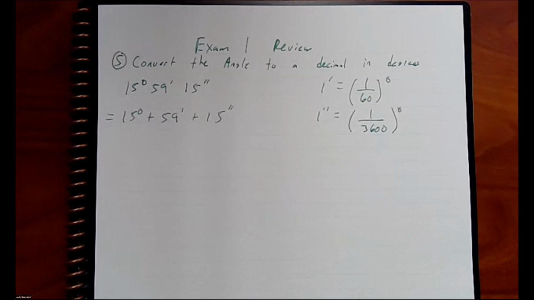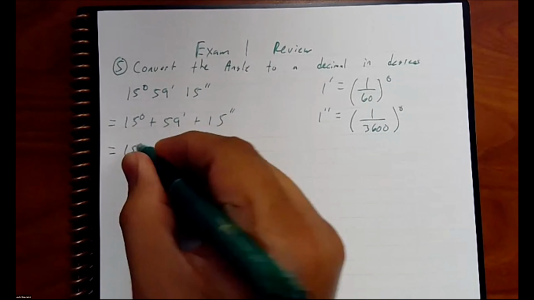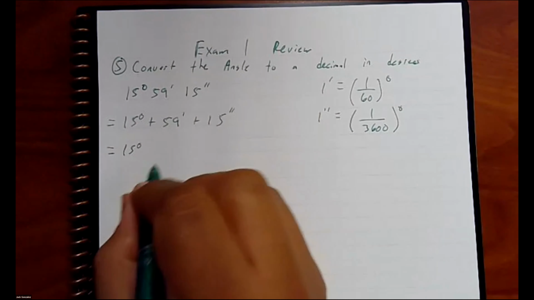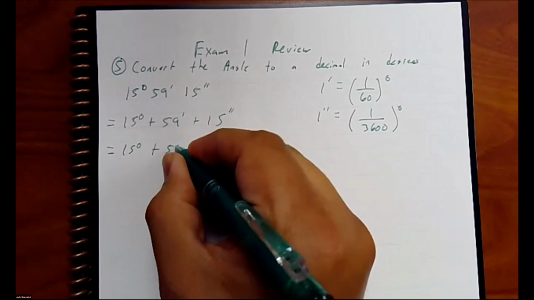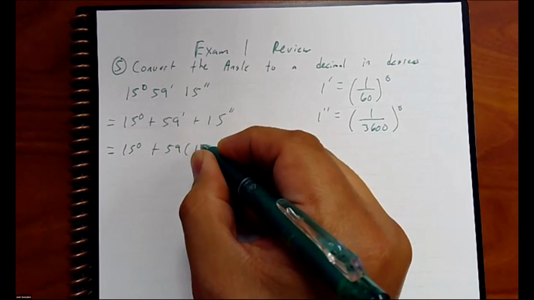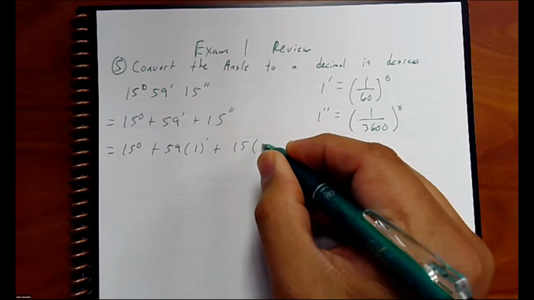Now remember, the degrees part is not going to do anything to the very end, so just ignore it. This is 59 times 1 minute plus 15 times 1 second.